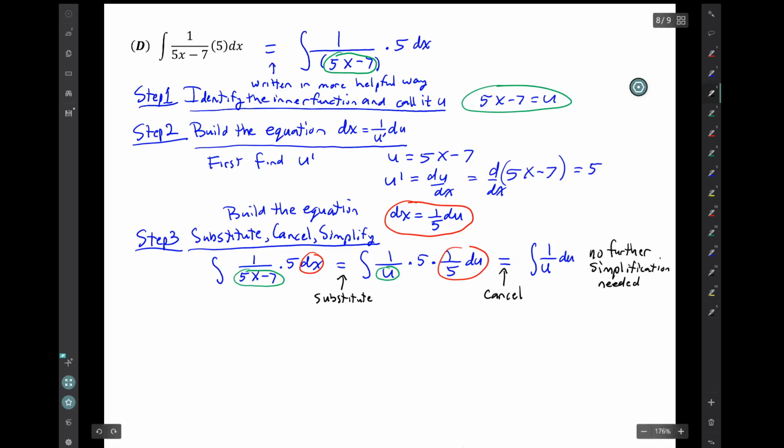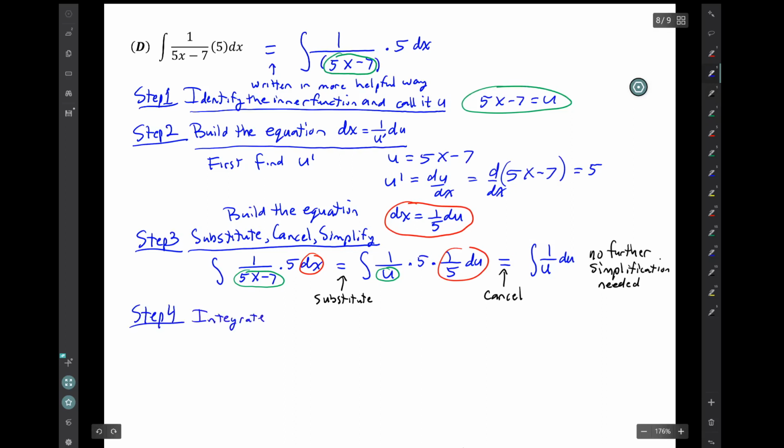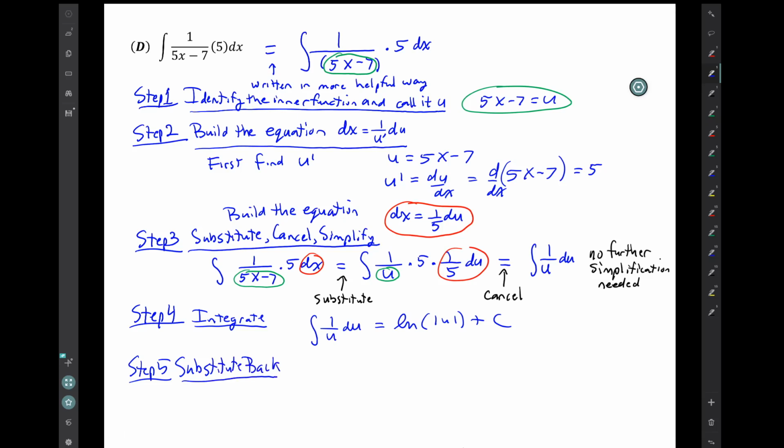Step 4 is to integrate. Well, the indefinite integral of 1 over u is ln of absolute value of u plus c. Step 5, we substitute back. Now when we do that, then we're going to have our indefinite integral result. So I'm going to go ahead and present this as an integral equation.